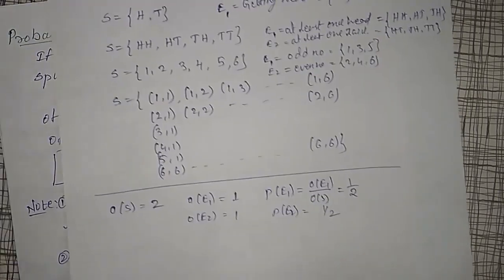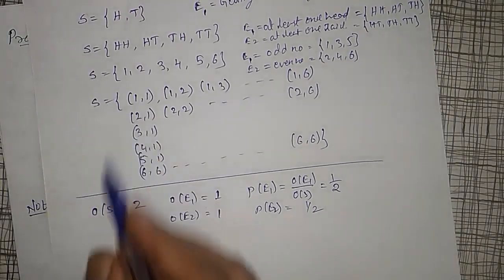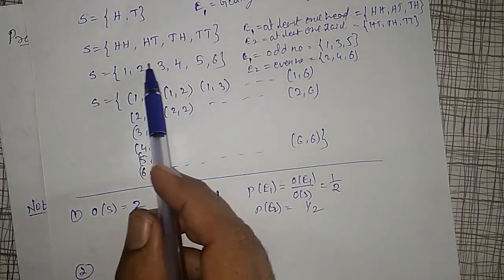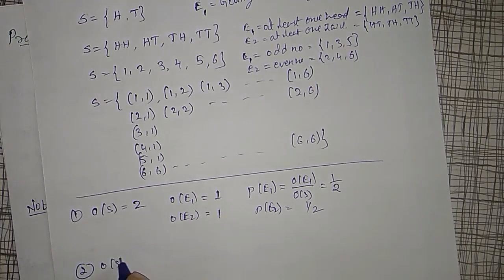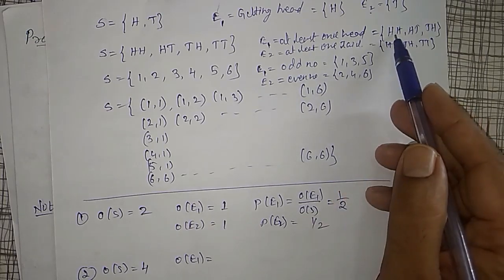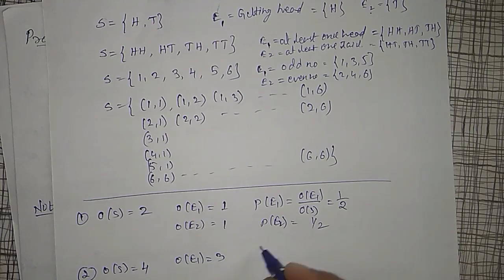Like that, whenever two coins are tossed, order of this S, here total 4 possibilities are there, order of S is equal to 4, and even I have mentioned it as at least one head, therefore the possible outcomes are 3 here, therefore its order is 3.